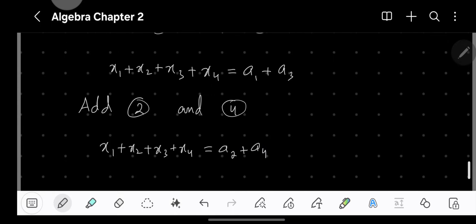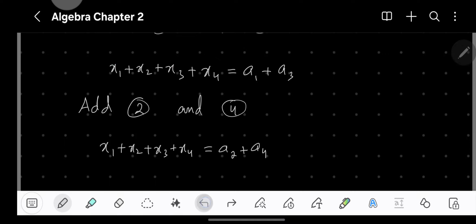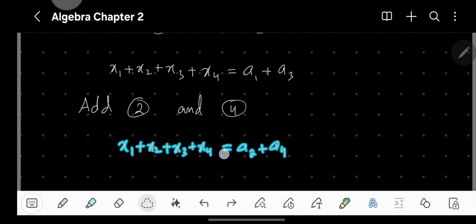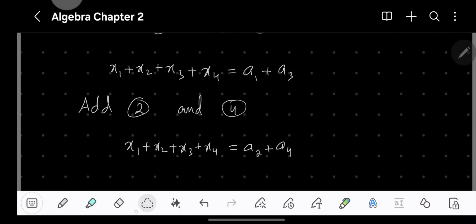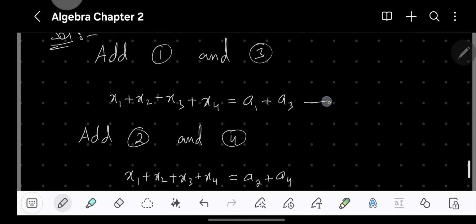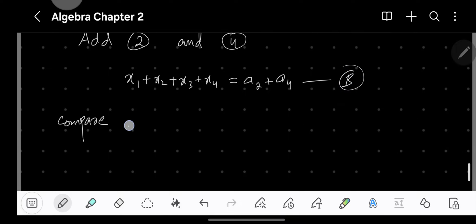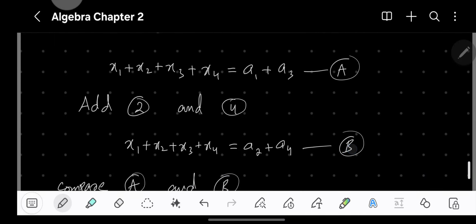Now if I compare this equation and this equation, you can check the left hand sides of both equations are same. This is equation number A, this is equation number B. If we compare A and B, the left hand sides are same.